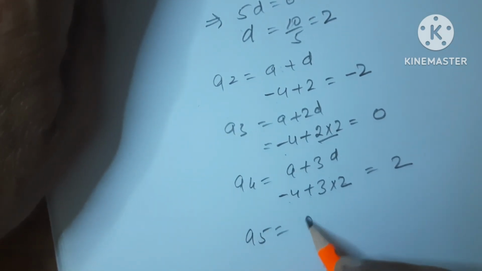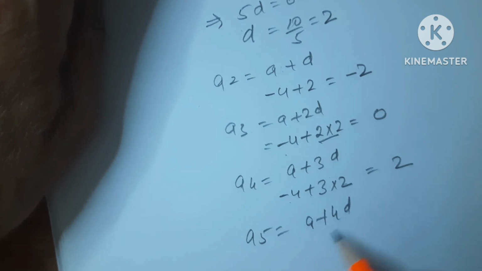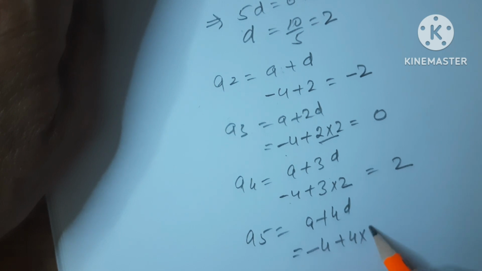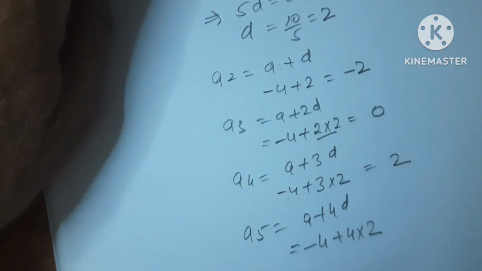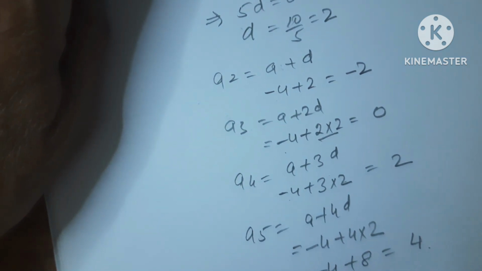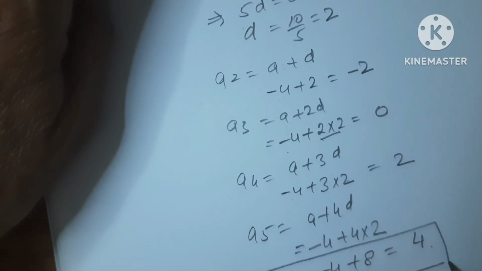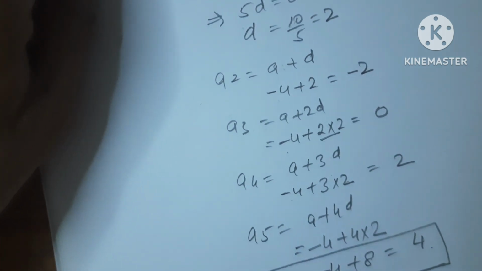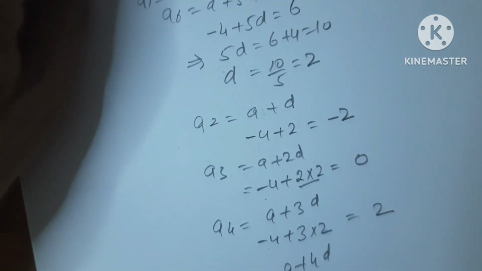A5 will be A plus 4D, which is minus 4 plus 4 into 2, which is minus 4 plus 8, equal to 4. So this is how we have found all the values. So the fifth question is the same as I have done.